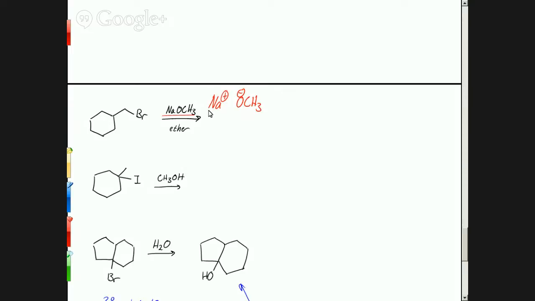All right, so this first one then, what's your pick for the mechanism? Yeah, this is SN2. How do you know? I couldn't figure out the structure first. Then I found the leaving group, and I saw that it was the Br.